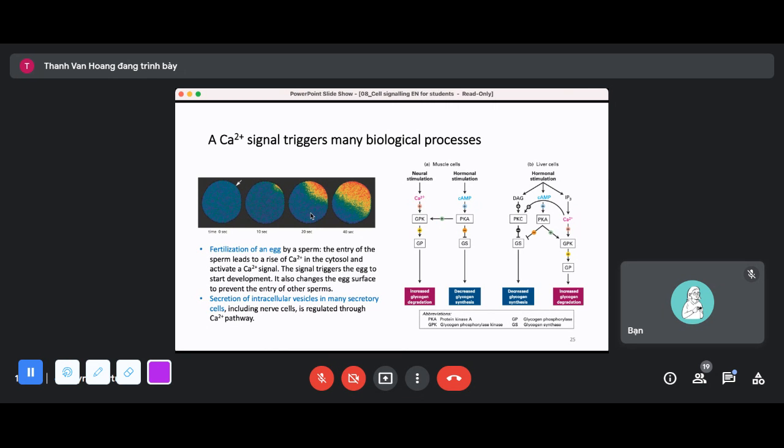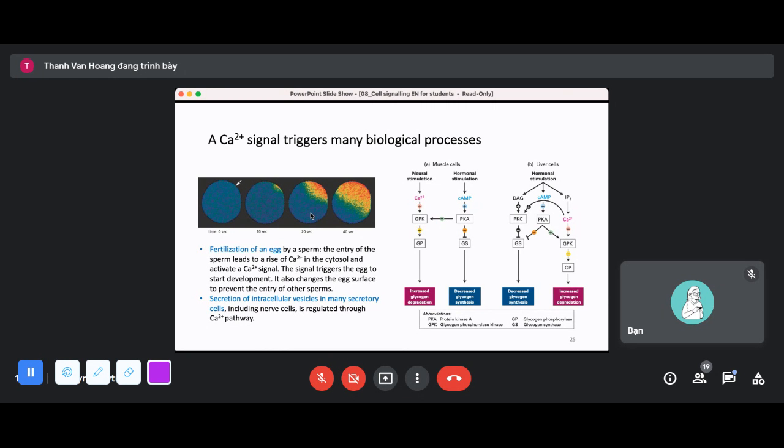So now come back to our lecture again in English. Calcium also plays an important role in our nerve cells, in which there is the calcium channel at the synapse.